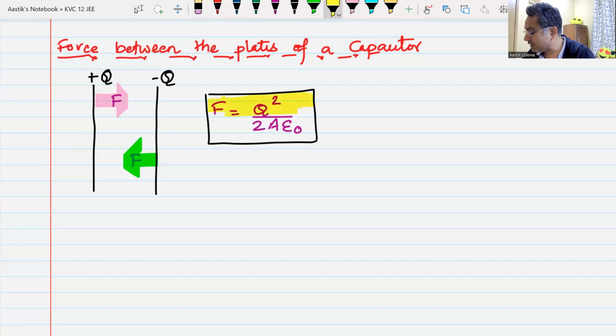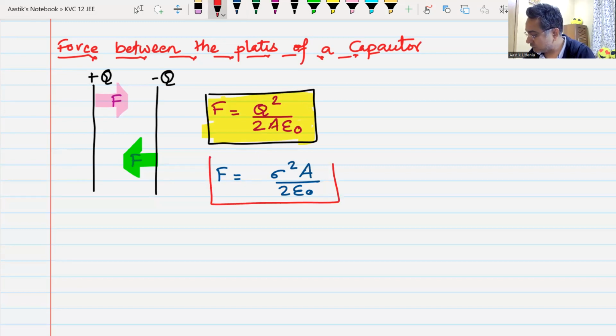Now you can write it in terms of the charge q, or you can also write this in terms of the surface charge density. So I will give you both the results. You can write it in whatever way you feel comfortable.